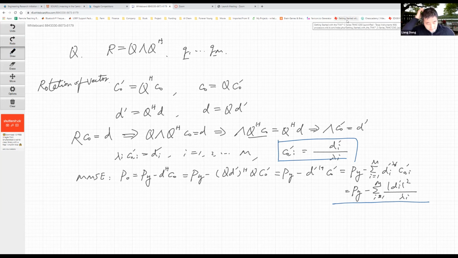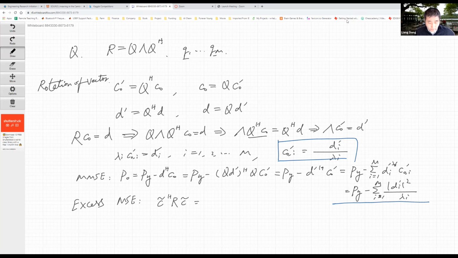To look at that using the pictures we mentioned last time, we take pictures looking at the excess mean square error. Excess mean square error is C tilde Hermitian R C tilde.